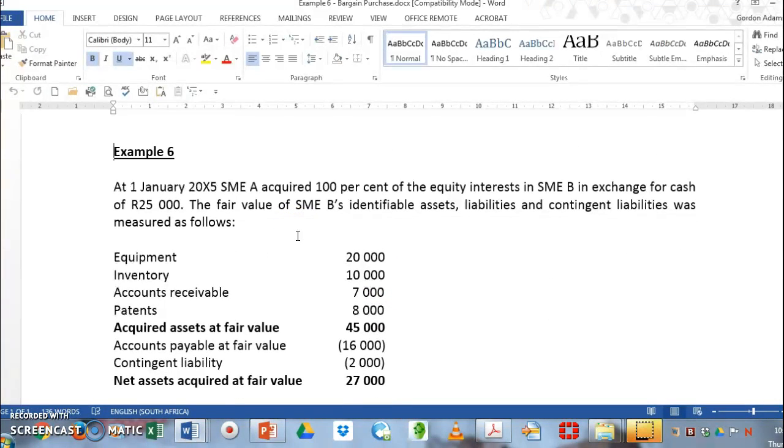Example 6 says the following. At 1st of January 2005, SMEA acquired 100% of the equity interest in SMEB in exchange for cash of 25,000 Rand. The fair value of SMEB's identifiable assets, liabilities, and contingent liabilities was measured as follows.